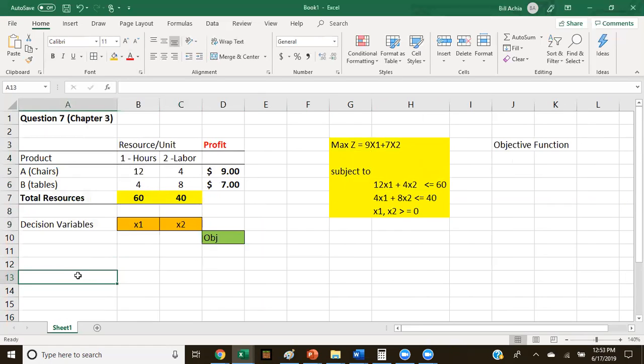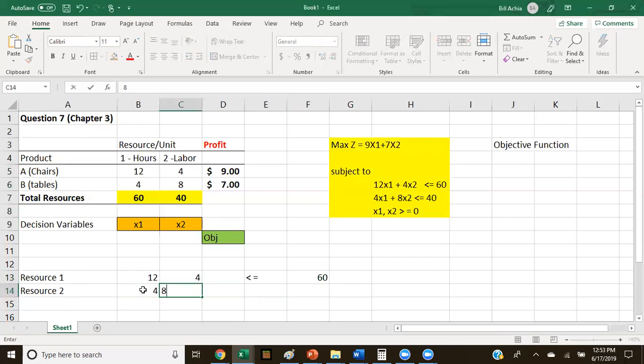So I'm going to list my resource 1 constraints, and then our resource 2 constraints. Basically, I'm going to take what I have here and plug it here. So I have a 12, 4, and let's have this less than or equal to 60. And then I have 4, 8, less than or equal to 40.